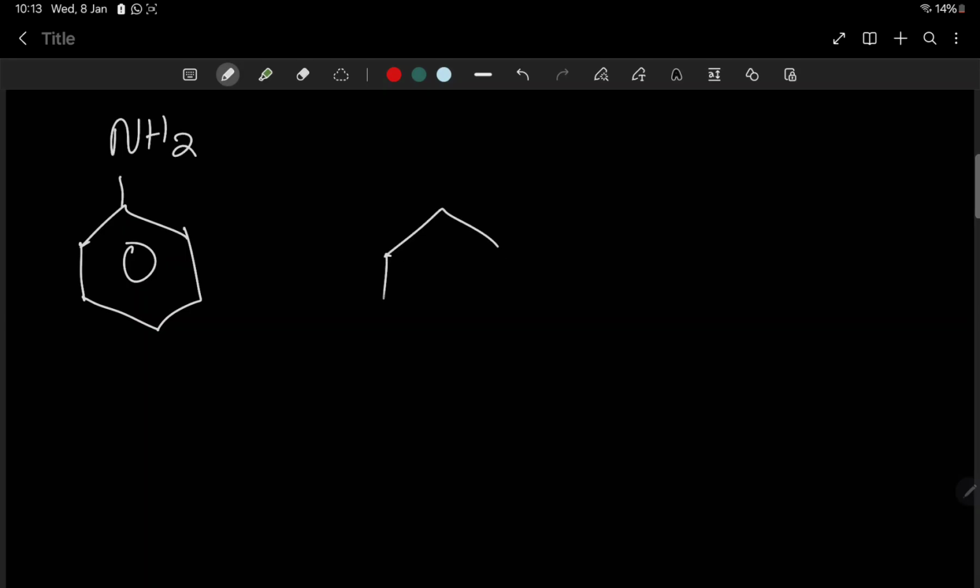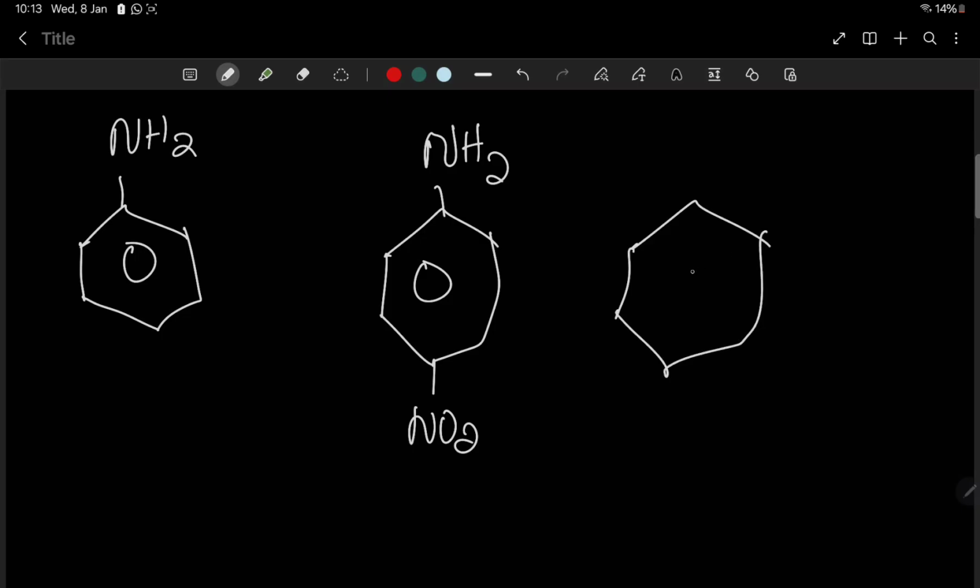Now I am taking aniline, nitroaniline, and para-toluidine with NH2 and CH3. Which is more acidic? Ortho, nitro, or para?